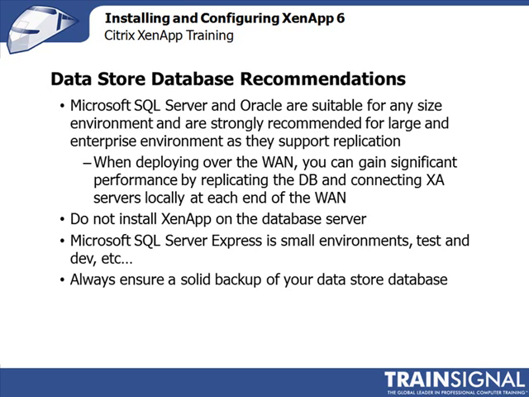So what you could do, if you're using SQL or Oracle, is enable SQL replication, for example, or Oracle replication. You would put a database server in Chicago and a database server in Las Vegas. The XenApp servers in Chicago point to the SQL server in Chicago. The XenApp servers in Las Vegas point to the database server in Las Vegas. What happens between the 2 database servers is they replicate.